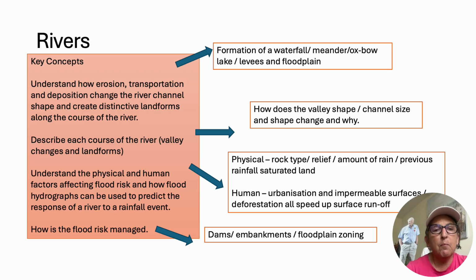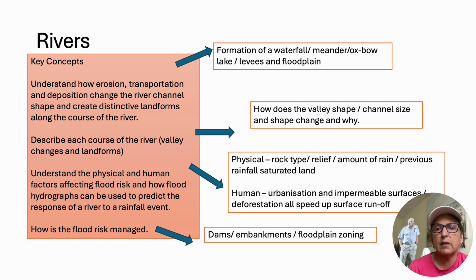Then the more important part of this unit really is the understanding of how physical and human factors affect flood risk, which is something that we're very, very concerned about, aren't we, Sir David? Yes, we are. And also how flood hydrographs can be used to predict how a river will respond to a rainfall event. And then finally, a section on hard and soft engineering.